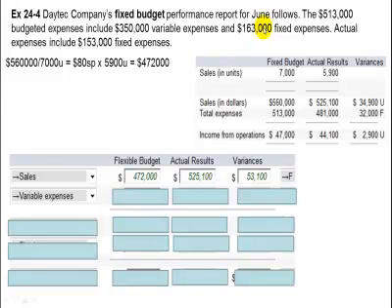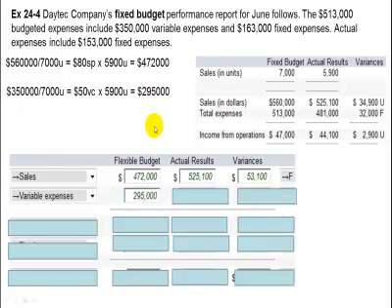We can take that variable portion, 350, divide it by the units this budget was based on, 7,000 units, and come up with the variable cost per unit, which is $50. Multiply that times the actual level we achieved, 5,900 units, and we get the total variable cost we should have for 5,900 units under this flexible budget, which is $295,000.